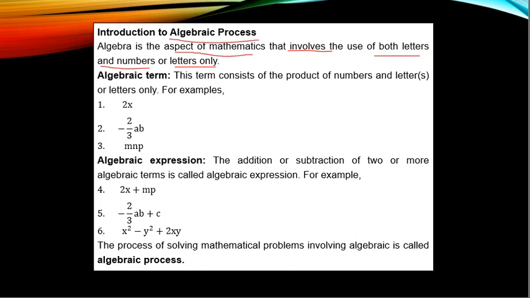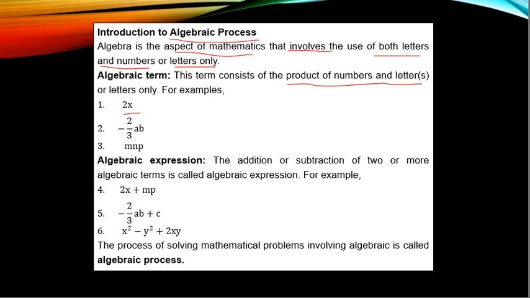Algebraic term: this term consists of the product of numbers and letter or letters only. For example, look at 2s. 2s is the product of number 2 and letter s.